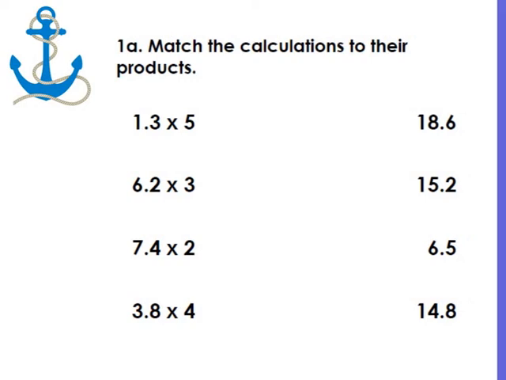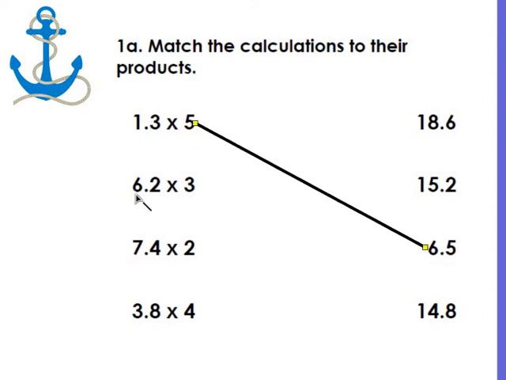So our first one is looking here, 1.3 times 5. Remembering, we're roughly estimating, so we can say 1 times 5, 3 times 5 is 15, so 1.5, because it's a decimal, so we're looking at 6.5.